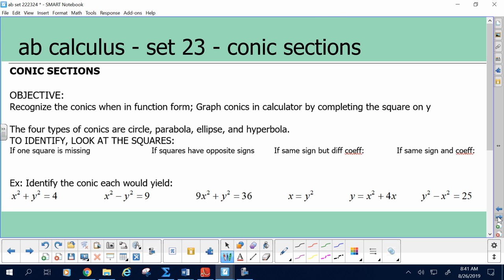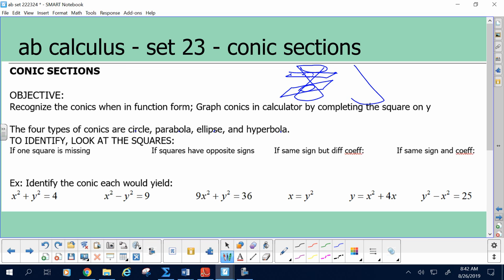Next thing, conic sections. There are 4 types of conic section: circle, parabola, ellipse, and hyperbola. And although you might think, math people need to get a life, these come from taking this picture and slicing it lots of ways. If you slice it this way and look at the cross section, what is it? Circle. If you slice it this way and look at the cross section, it's at an angle, and now it's an ellipse.